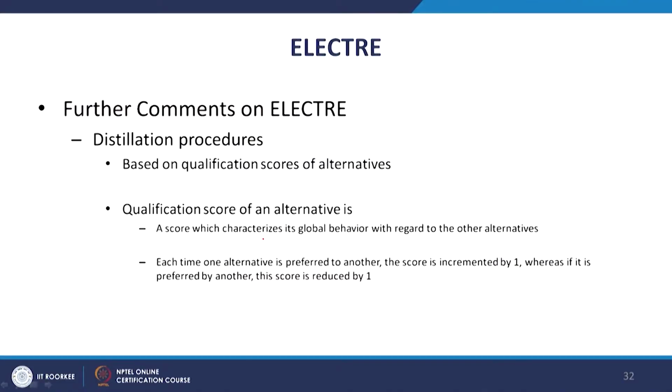Distillation procedures are based on qualification scores of alternatives, as you can see here in the slide. For each of the alternatives that we have, we need to compute the qualification score. And what do we mean by these qualification scores? As you can understand, in stage 1 of ELECTRE we have already computed the outranking degrees and preference relations.